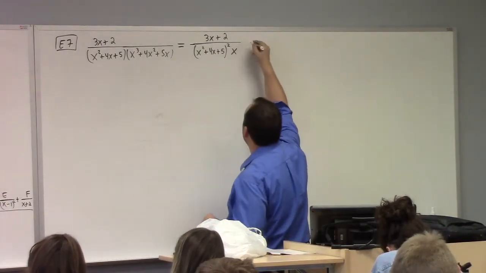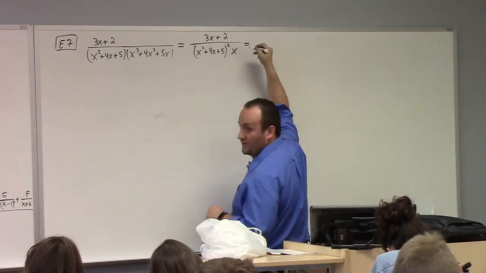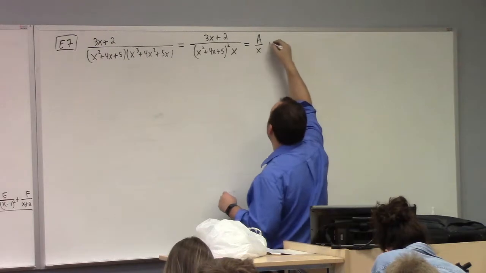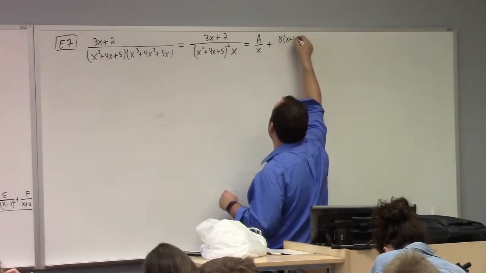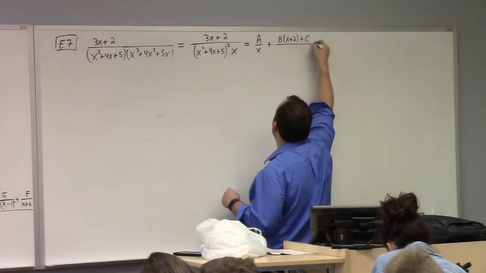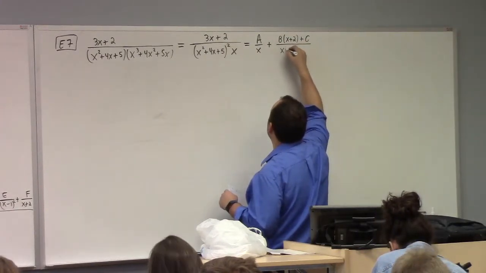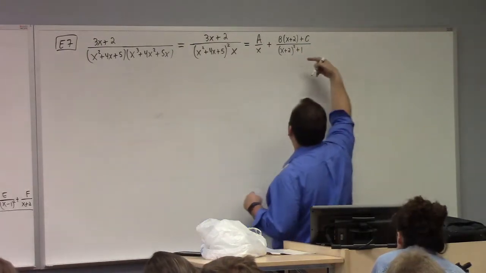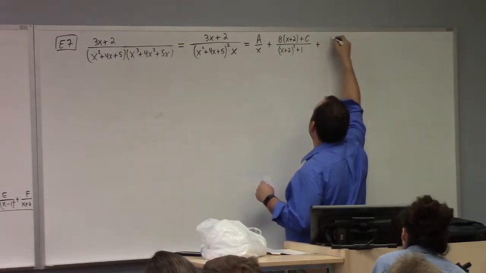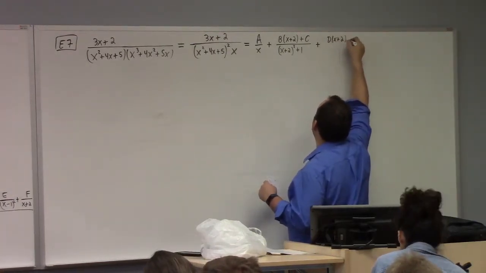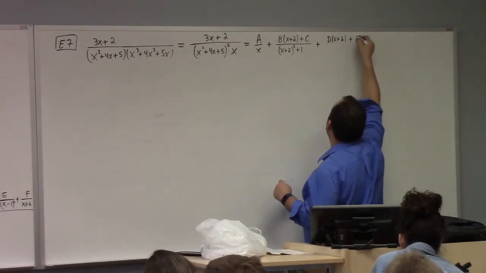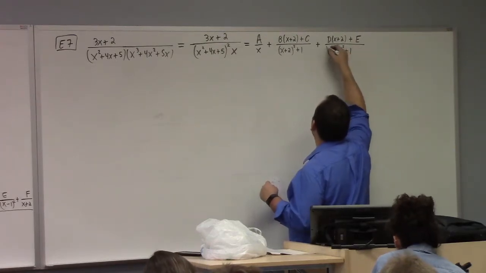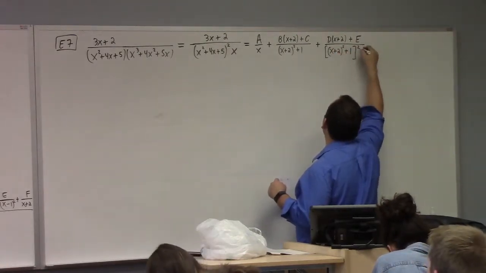I mean, this right here is a rare Pokemon, but let's take care of the 1 over x. That's simple. That just gives us an A over x term. When this is squared, what you do is Bx plus C over (x plus 2) squared plus 1, and then plus Dx plus E over (x plus 2) squared plus 1, and then the whole thing squared.